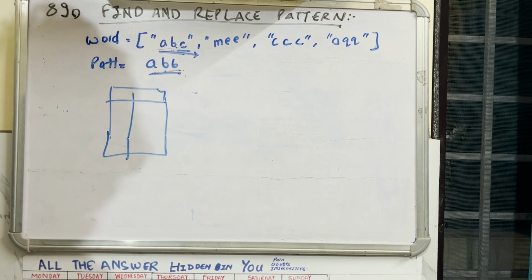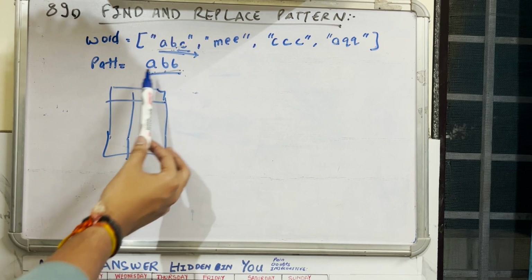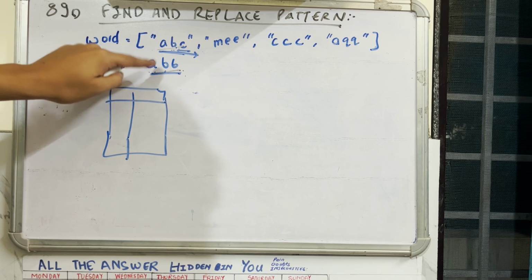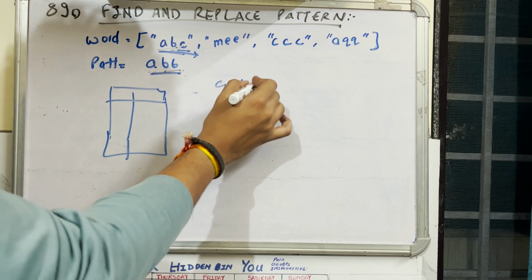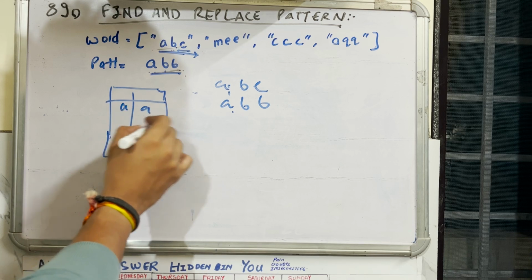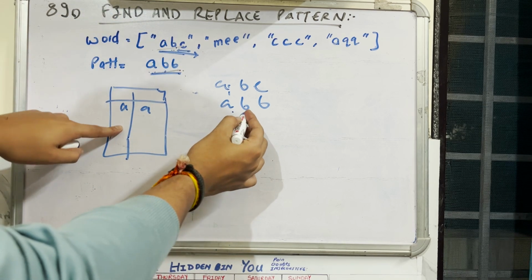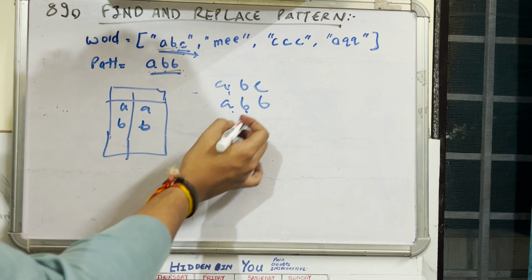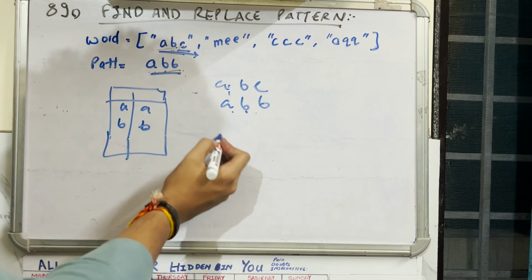For example, let me give you an overview. You'll create a hash map like this. Then you'll check A: is there anything matched with A? No, so insert these two. Okay, ABC, ABB. So insert A, A. Then you'll again check B if there is anything matched with B. Nothing is matched, so you insert B, B. Then you'll check this B if something is matched with it.